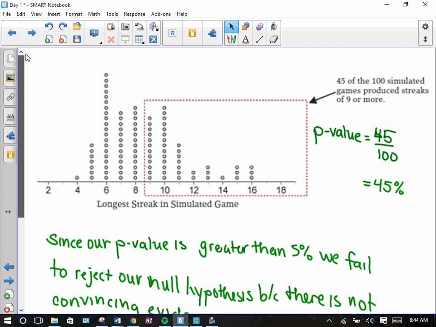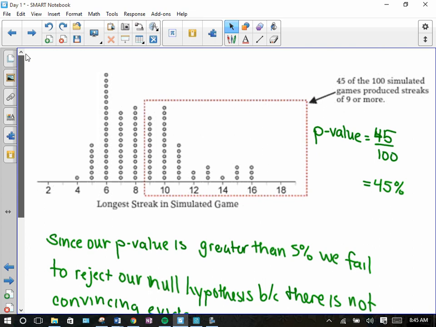So, if there's 100 dots here, what would be our p-value if he completed 14? It'd be 1, 2, 3, 4, 5, 6, 7. 7 out of 100. We would still fail to reject our null hypothesis. What about at 15 completions? Our p-value would be 1, 2, 3, 4, 5, 6. 6 out of 100.